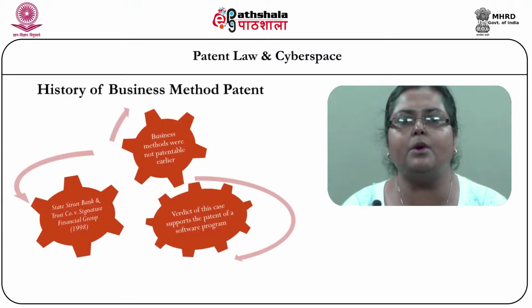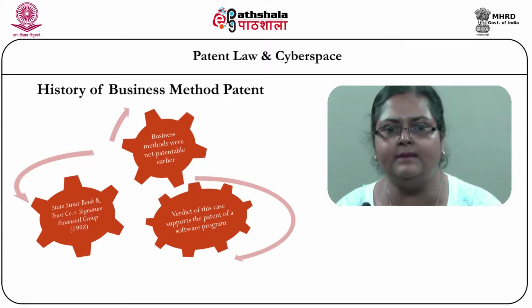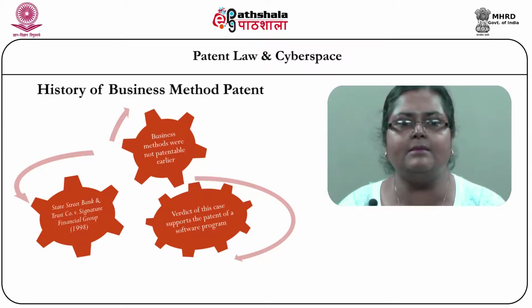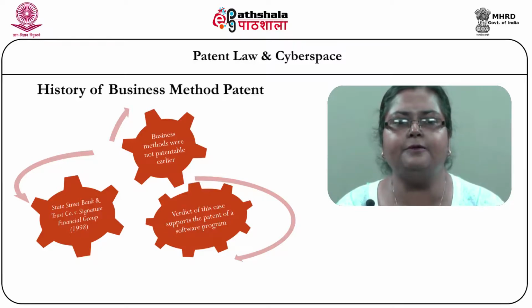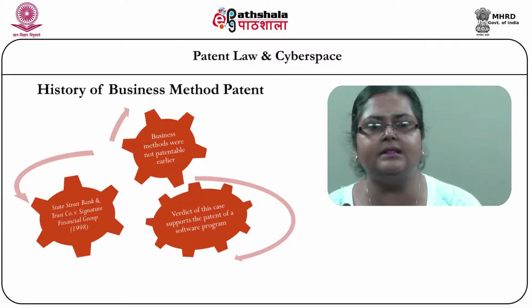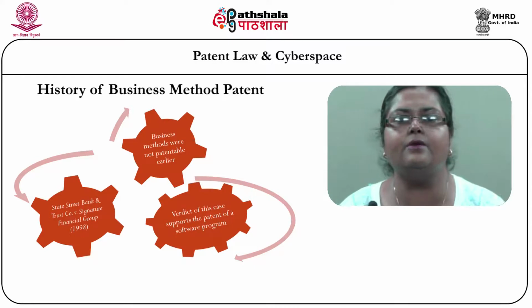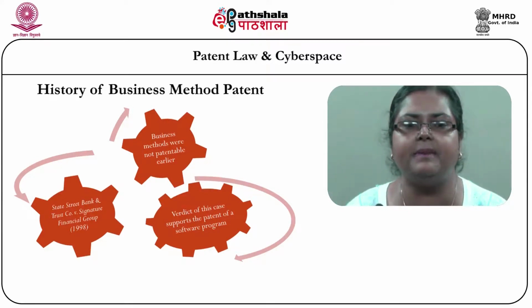The verdict supports a patent on a software program that was used to make mutual fund asset allocation calculations. In view of that decision, companies started looking for and obtaining business method patents. The USPTO reports that in 1998, about 1300 business method patent applications were filed, but among them only 420 such patents were issued.